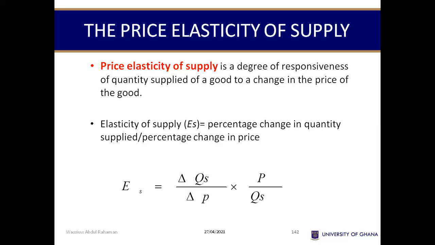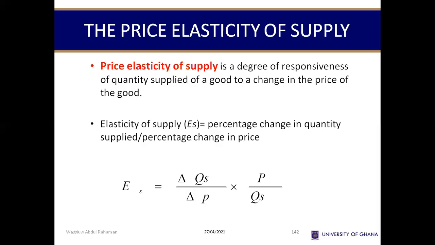Now let's shift our attention to the case of supply. Under supply, we are going to look at only one, which is the own price elasticity of supply. The definition is more or less the same as for demand, but the focus is on supply now.